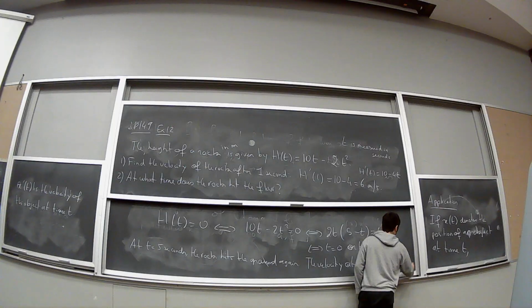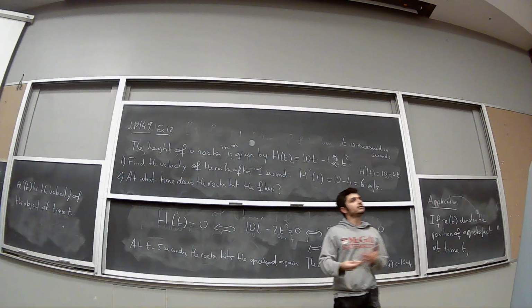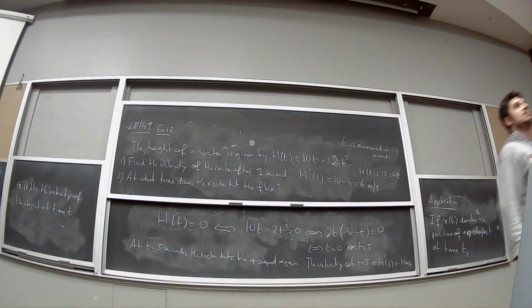Does it make sense that the velocity is negative in that case? Do you guys see that or not? What is the negative velocity? Does it mean I'm slowing down, or it just means a direction, right? If I'm going up, then the velocity is positive. If I'm going down, then the velocity is negative. Really this is not a measure of how fast you're going.